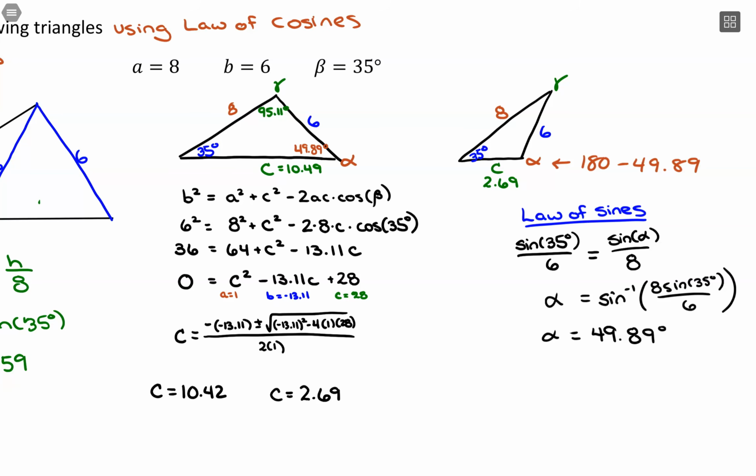So 180 minus 49.89. So that would give us 130.11 degrees. And then for gamma, 180 minus 35 minus 130.11. And that's 14.89 degrees.